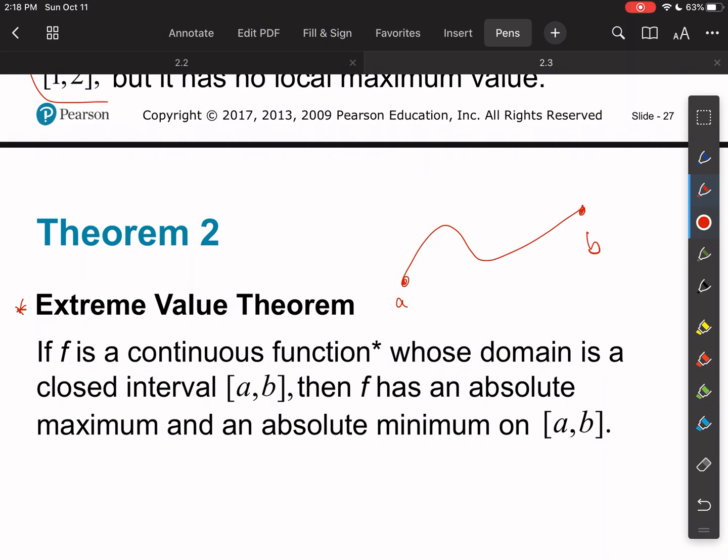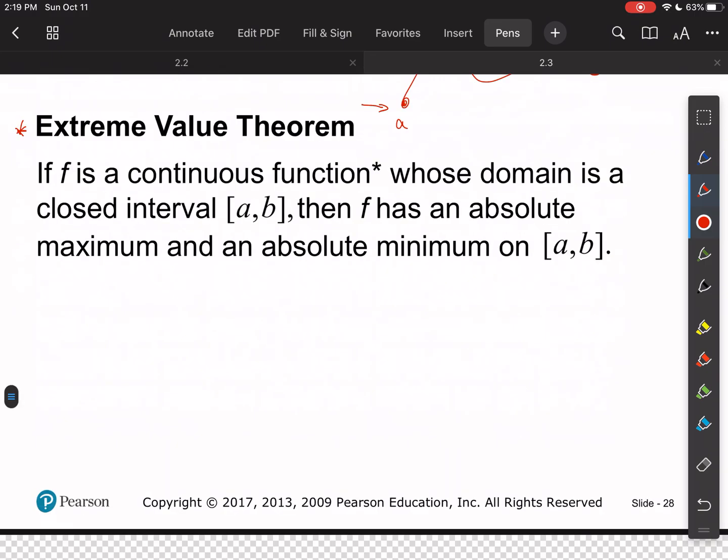Here the absolute maximum would be whatever the y value is at this point, and the absolute minimum would be whatever the y value is at that point. So it's just saying if you have a continuous function on a closed interval, there's going to be a max, there's going to be a min.